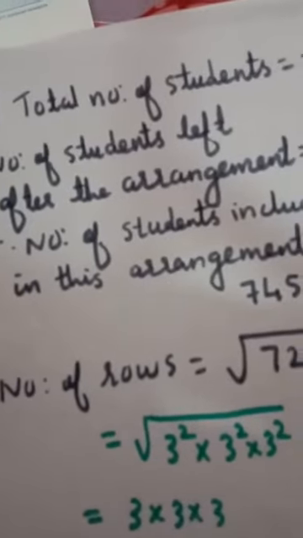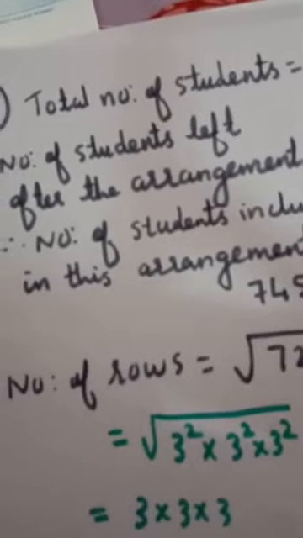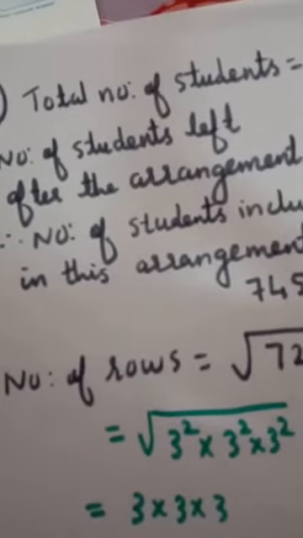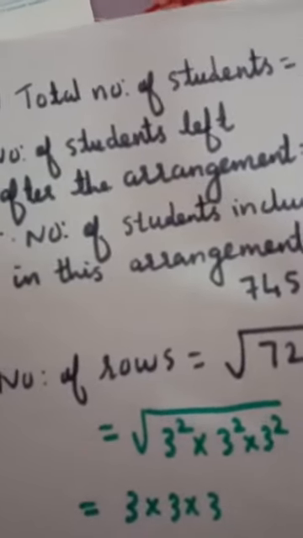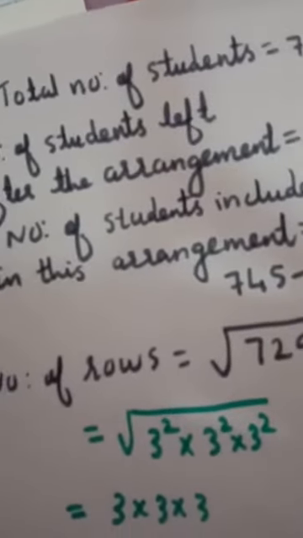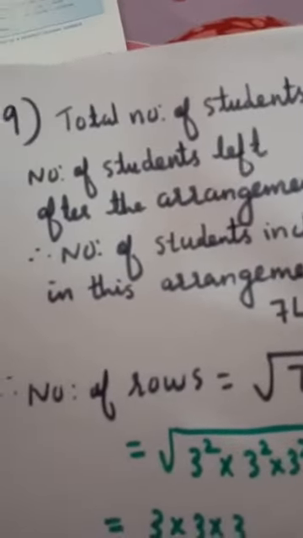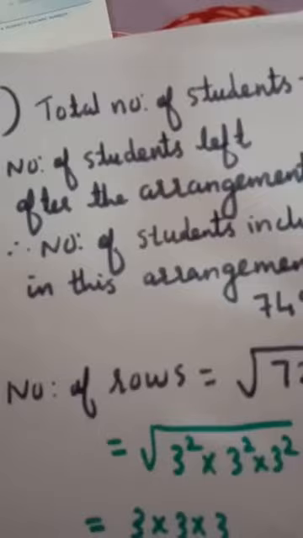If the 16 students were included in that row or column, the number of rows would not be equal to the number of columns. That's why they exclude those 16 students.